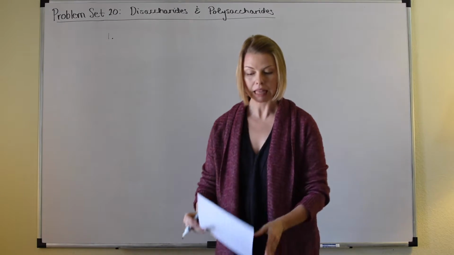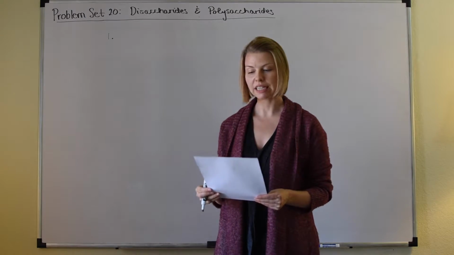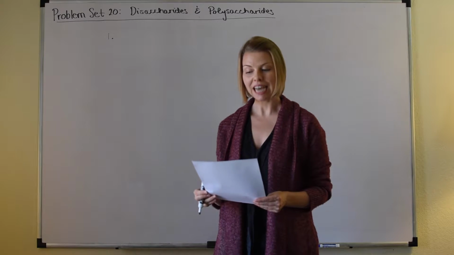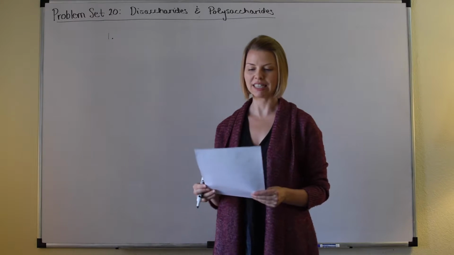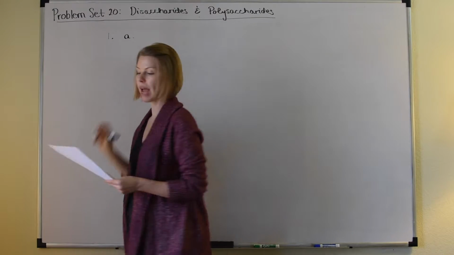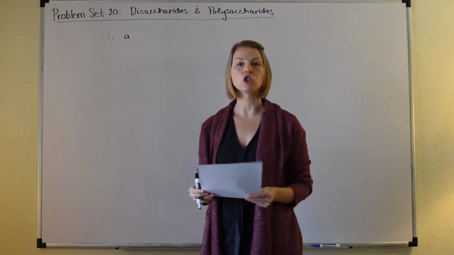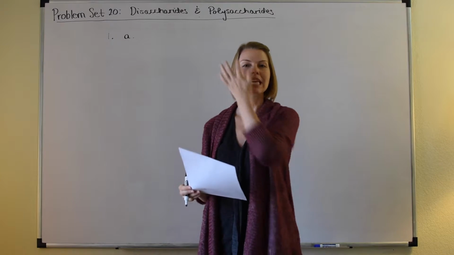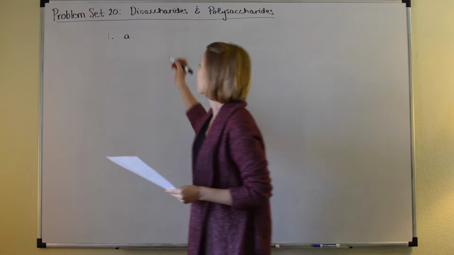Number 1. Label the following carbohydrates as monosaccharides, disaccharides, or polysaccharides. So we've got an A through H. A is glucose. Glucose is a monosaccharide.